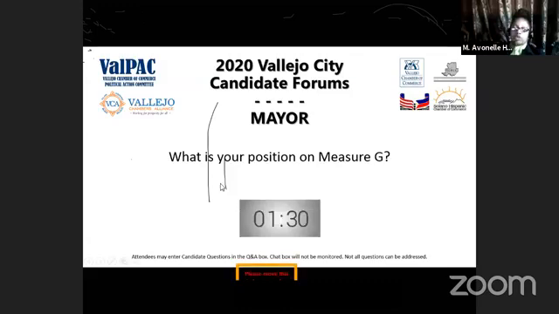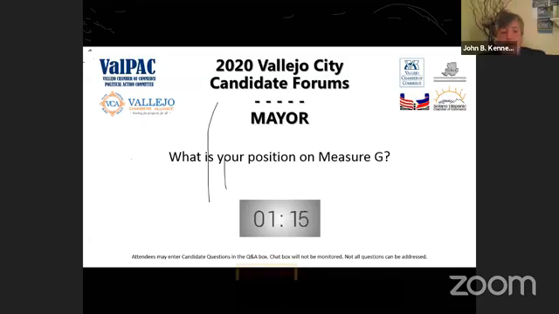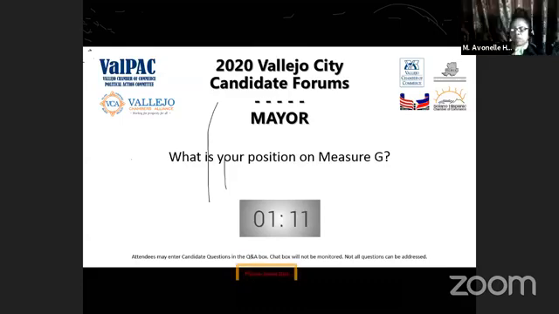How does this bring a successful path for our residents to bounce back from challenges, and for those who are doing okay to do better? Measure G does not support that. It doesn't assist our community members who need assistance in increasing their success. And so Measure G, I don't support it.